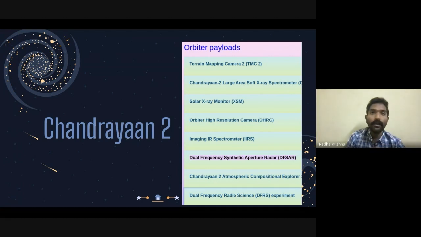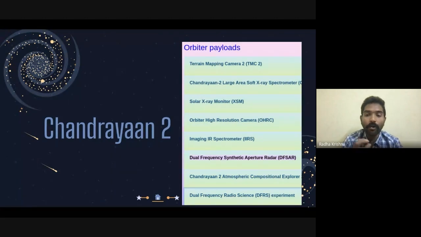How these help is, one thing, radar can penetrate the ground also. In this dual frequency, we have L band and S band SAR. L band actually penetrates a little bit of the surface, from 5 centimeters to 1 meter, depending on what the surface is made of. And measuring the reflectance will tell you what the surface is actually made of, right? So that is how the dual frequency synthetic aperture radar works.